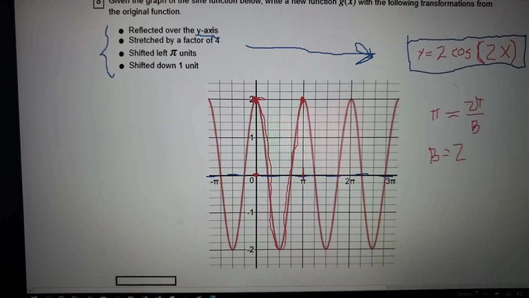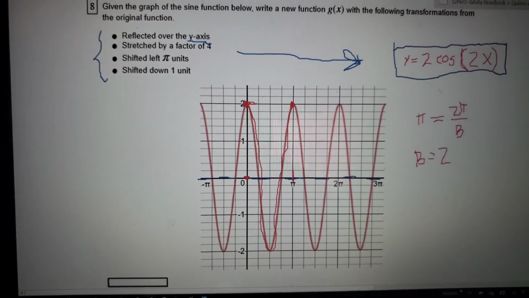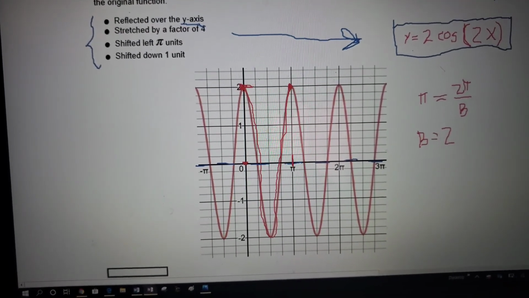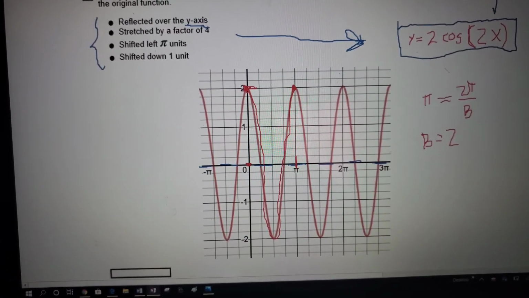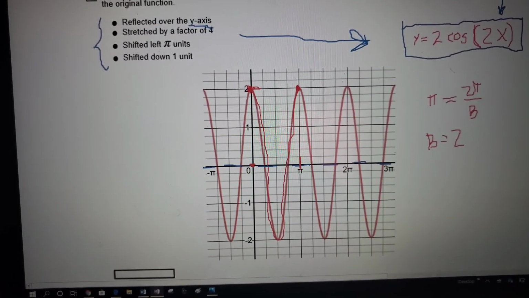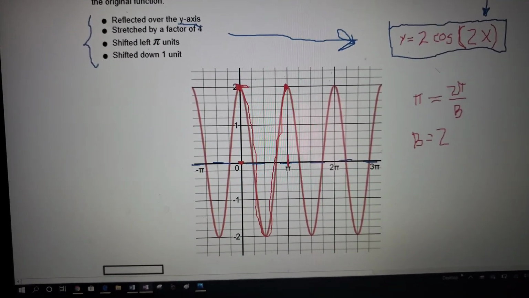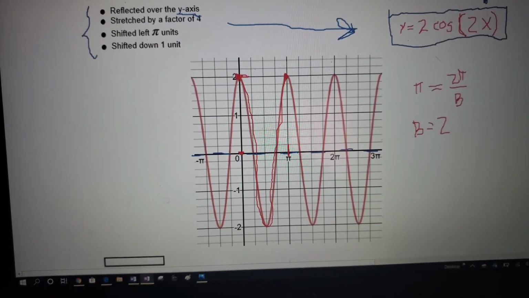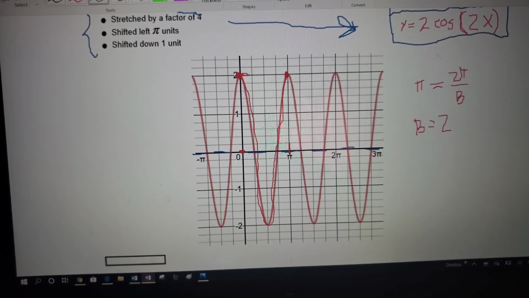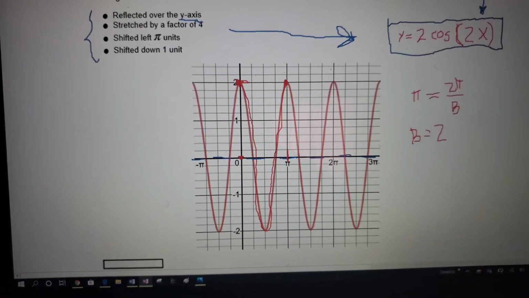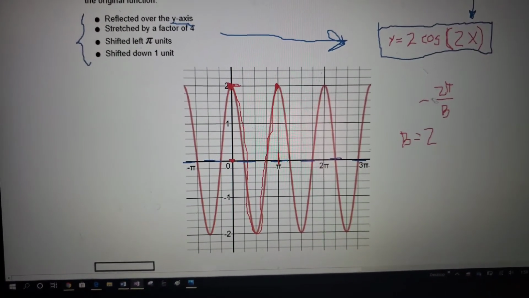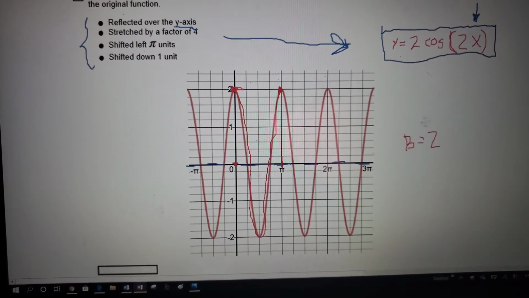If we want to reflect over the y-axis, we take the x variable and make it switch signs. So if it's positive x, we'll just make it negative x. Let me see if I can erase something. Let's erase this work, we don't need it anymore.